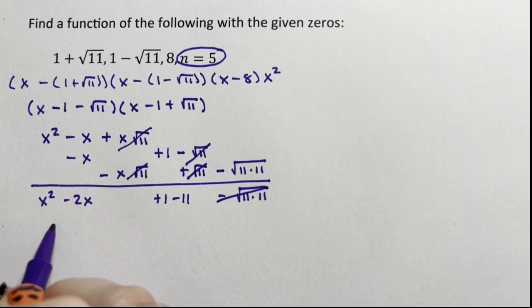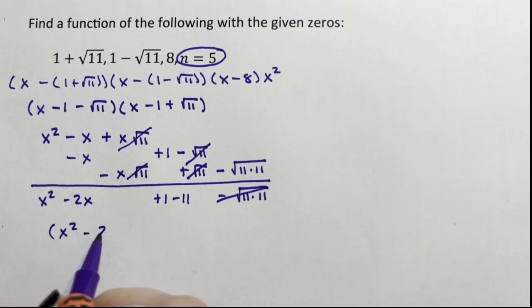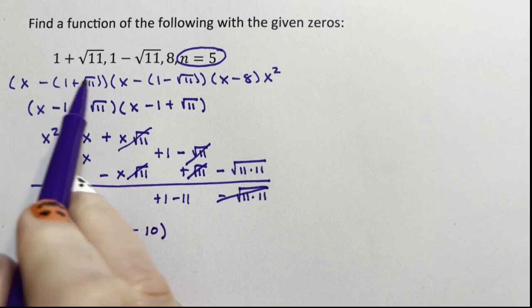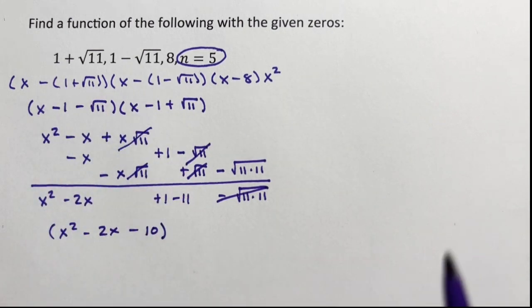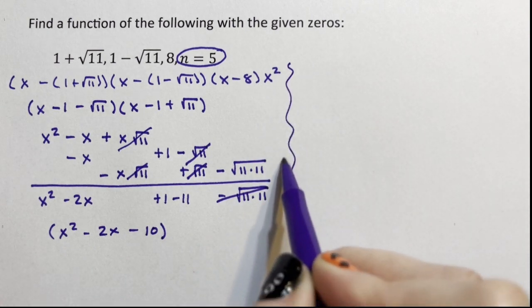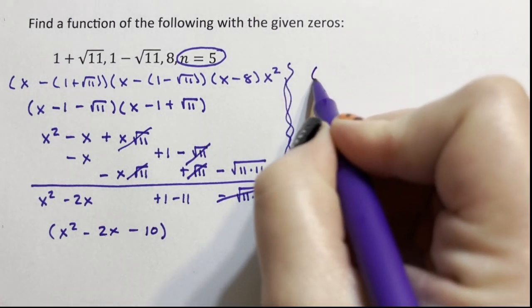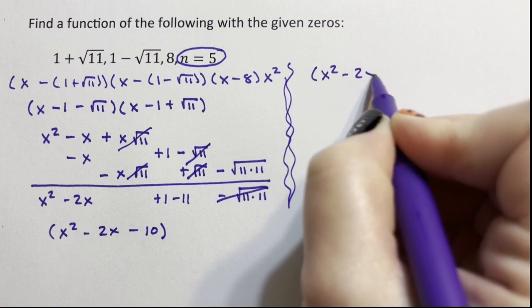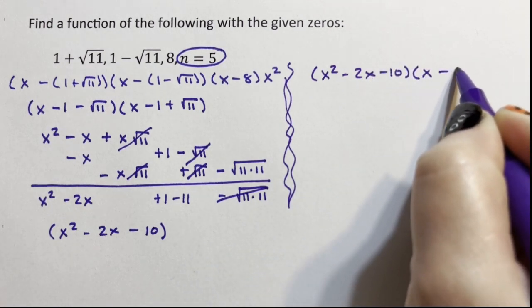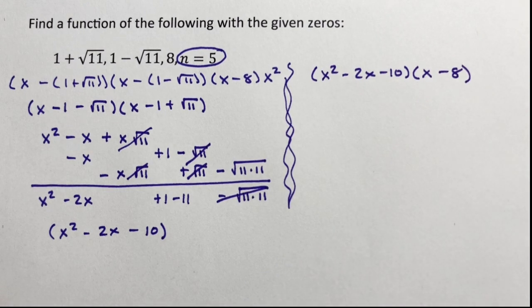And I end up with x squared minus 2x minus 10. So that's what these first two simplify out to become. All right, so then I'm going to take that x squared minus 2x minus 10 and multiply it to x minus 8. That is my next challenge.